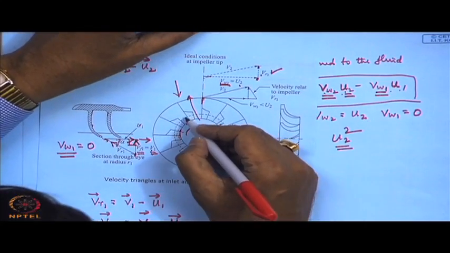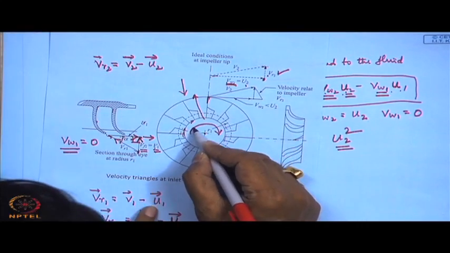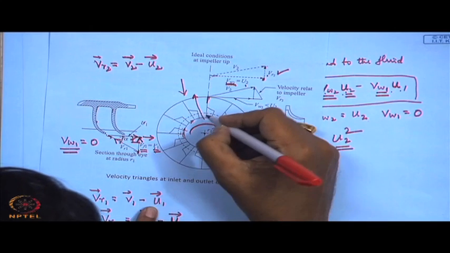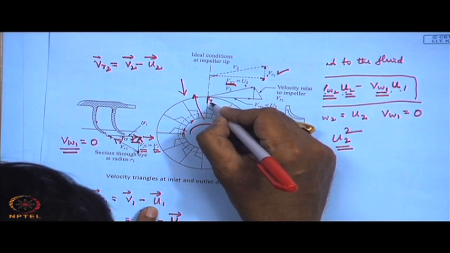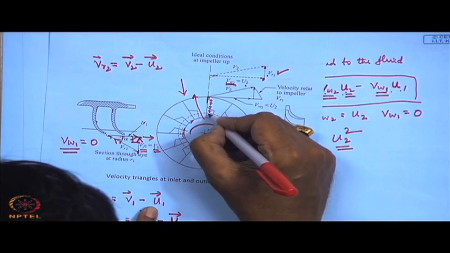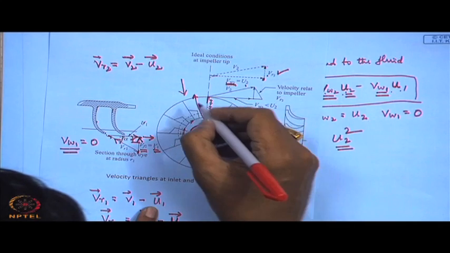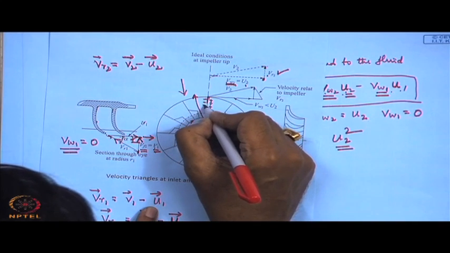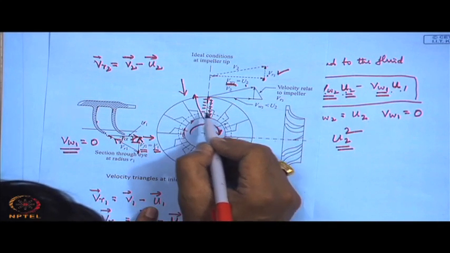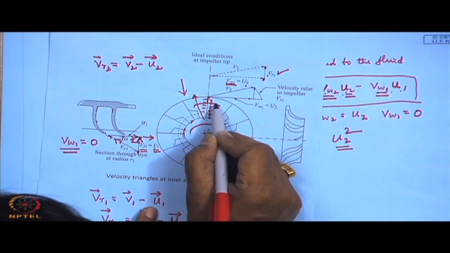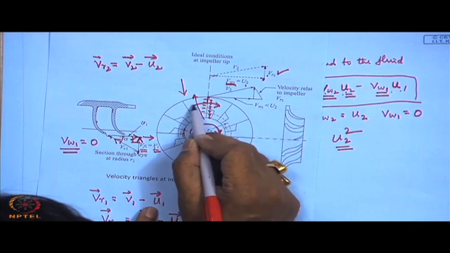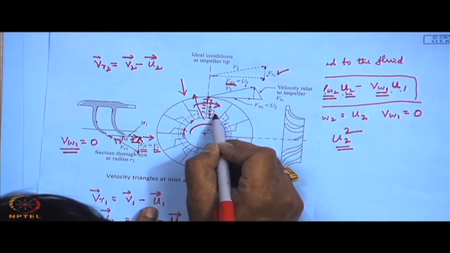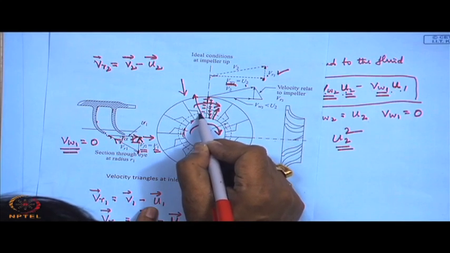Probably you can remember which we discussed in the case of the centrifugal pump. Here let us discuss. Now if we consider this moving in this direction, on this side for example, there is a positive pressure. Positive means higher pressure, and on this side the pressure is lower. This is because of the movement, this rotation of the blade and the flow past the blade in the radial direction.